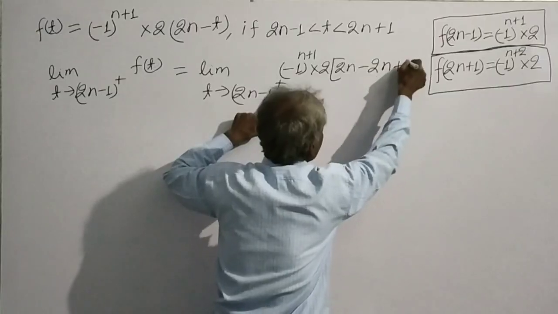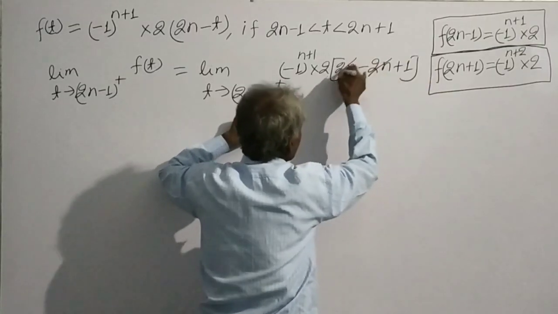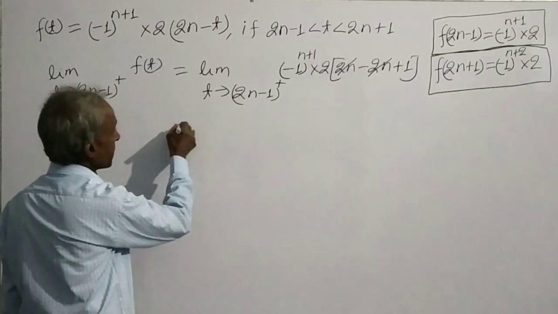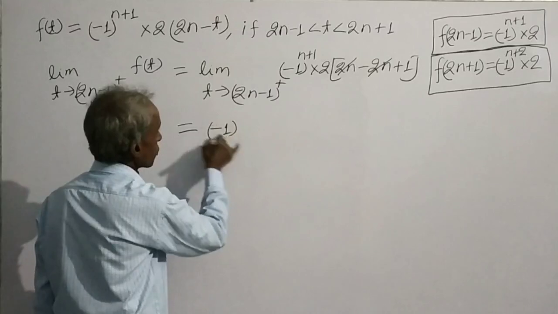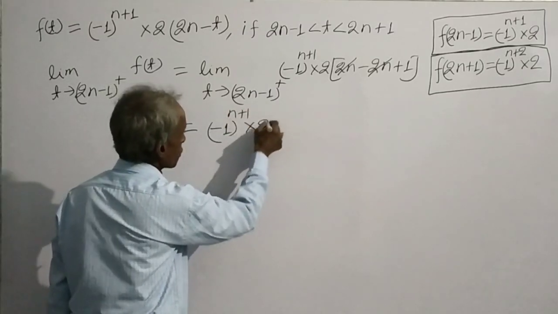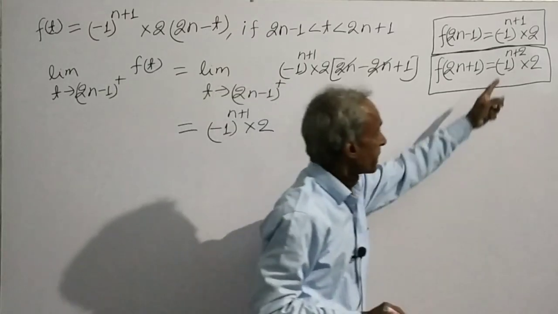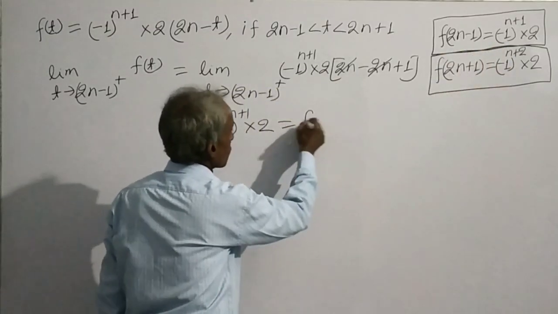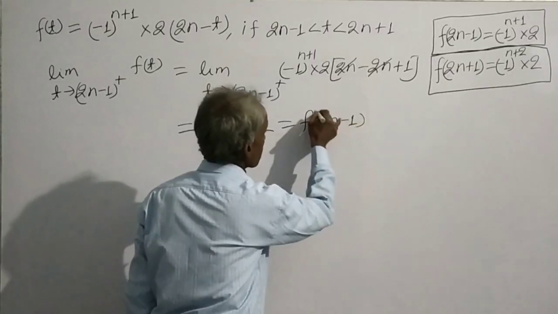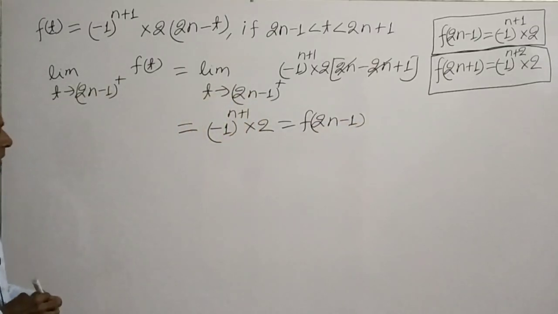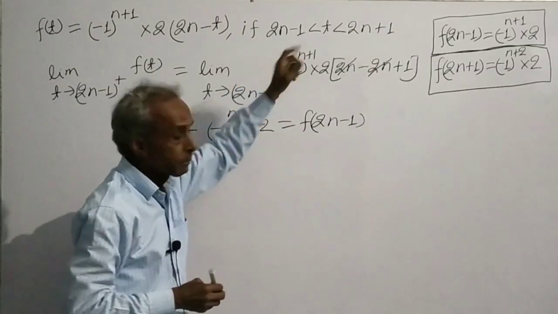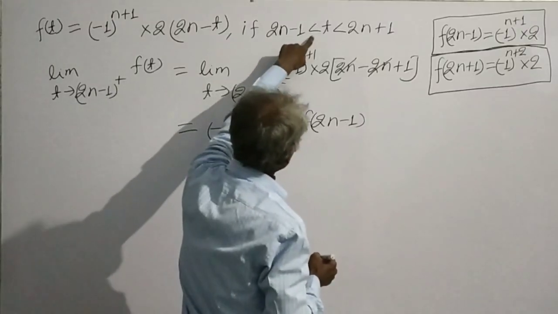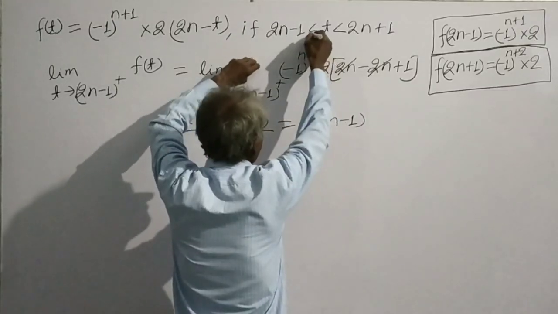Therefore, 2n plus 1, this 2n will be cancelled out. Therefore, this will be equal to (-1)^(n+1) times 2, which is equal to this. That means equal to f(2n-1). Therefore, this function is continuous at 2n minus 1 from the right hand side. Therefore, in place of less than, we can write less than or equal to.